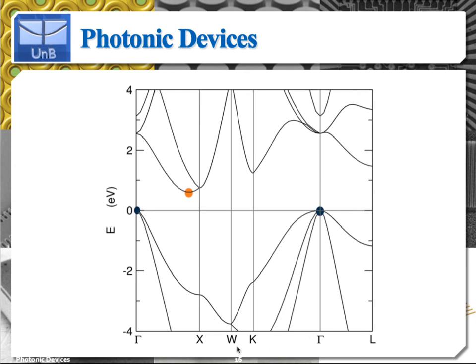So this is an additional complexity, but we don't have to worry too much about this. All we have to know is that the band structure is still periodic, and it still shows the energy levels and the associated K values for the different bands. And as you can see here, we could very easily define a forbidden band from around this energy right here down to this energy right here, where we can see that there are no states available in this region. So that's the kind of information that we're most interested in when looking at the band structure.